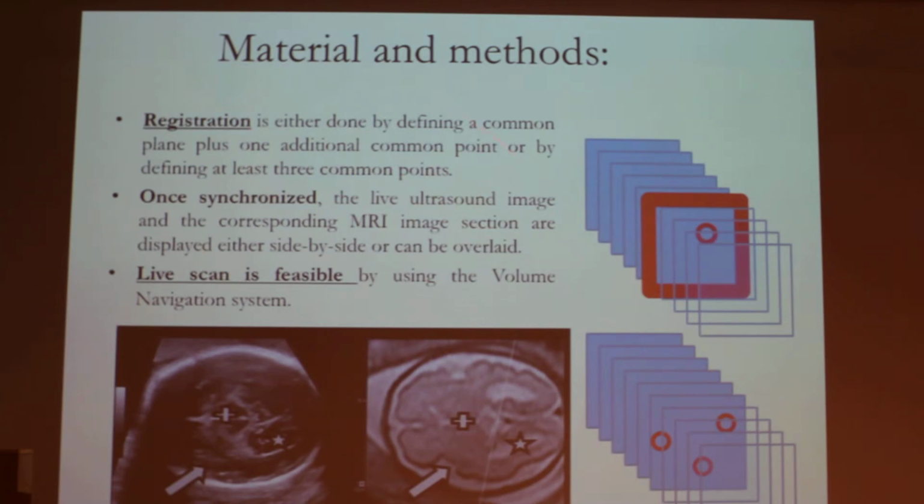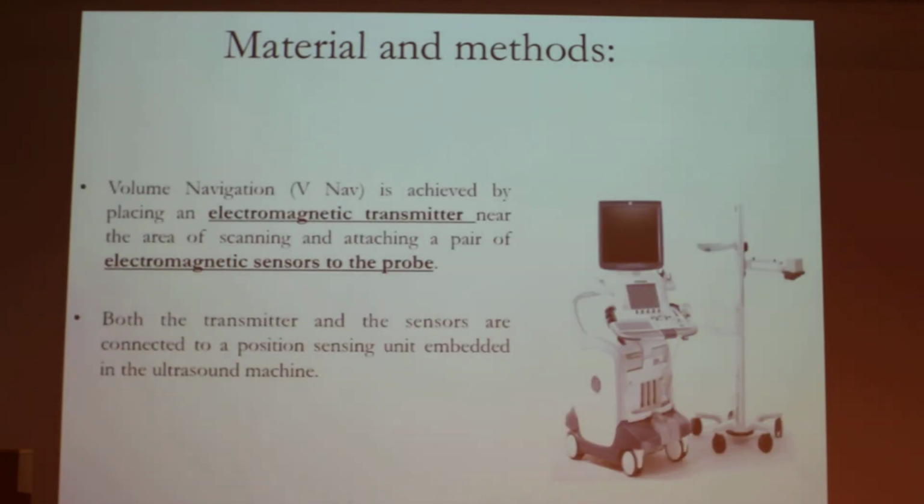So how you do the registration, you need to define one plane and one point, and this will define a strict and unique plane, or you can define the plane using 3 different points. And then from that starting plane, you will navigate within the volume with that special probe that is using both an electromagnetic transmitter and electromagnetic sensors.